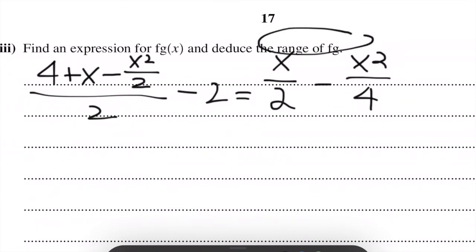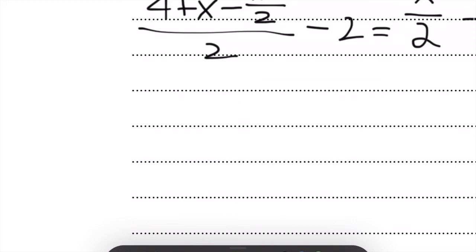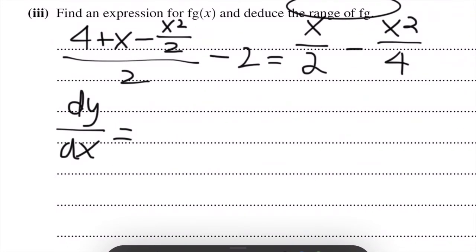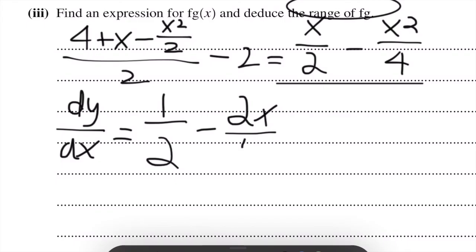Since we want to find the range of fg, we will use the derivative of the function fg. So dy over dx of this is half minus 2x over 4 equals 0.